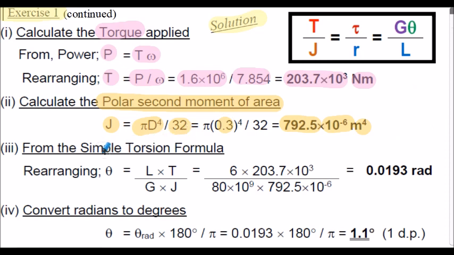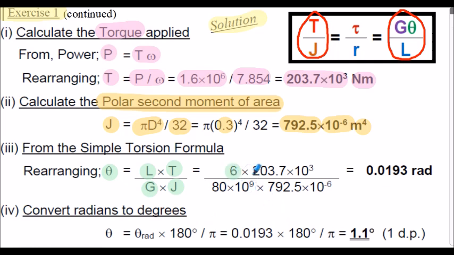From our simple torsion formula, we can now rearrange to find angle theta. So I'm going to use these two parts of our simple torsion formula. And to rearrange for theta, I simply multiply both sides by L and divide both sides by G. So L times T divided by G times J would evaluate theta.